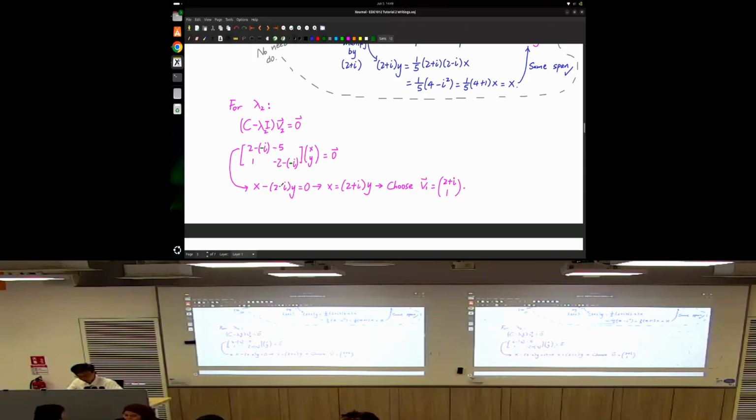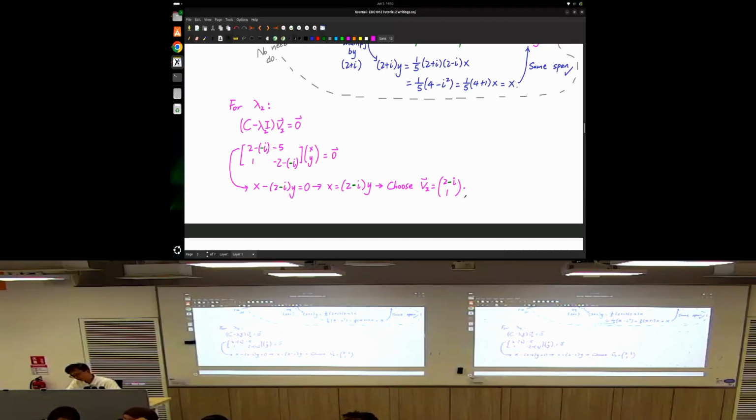If this is minus, then this must be minus. Then if this is minus, then this must be minus. What I'm trying to say here is the minus i will carry itself forward into the span. So V2 is going to be the complex conjugate of V1 and vice versa.